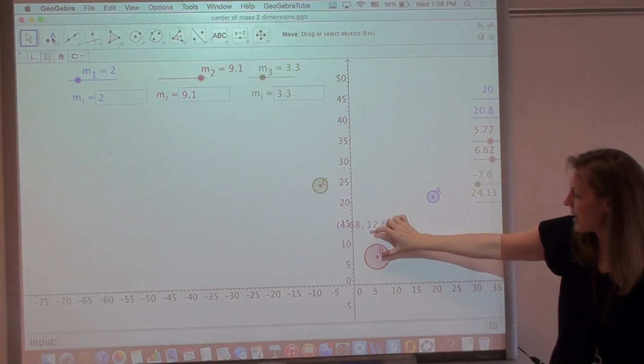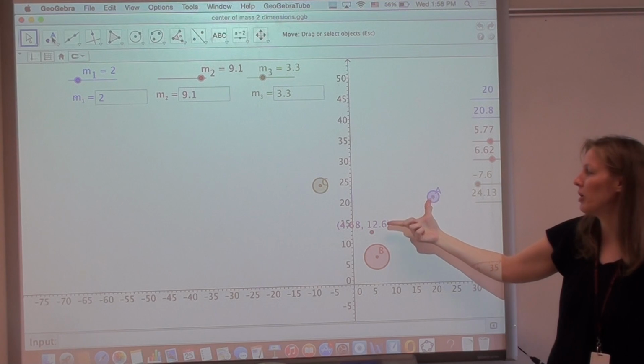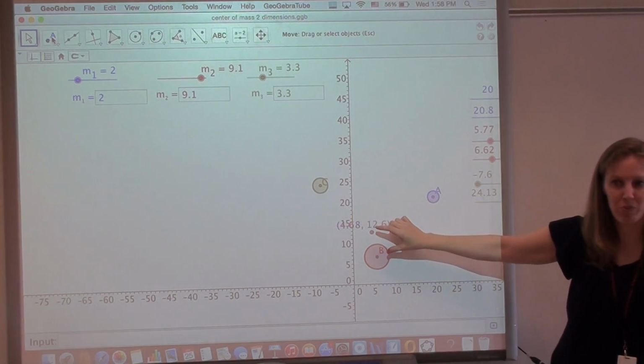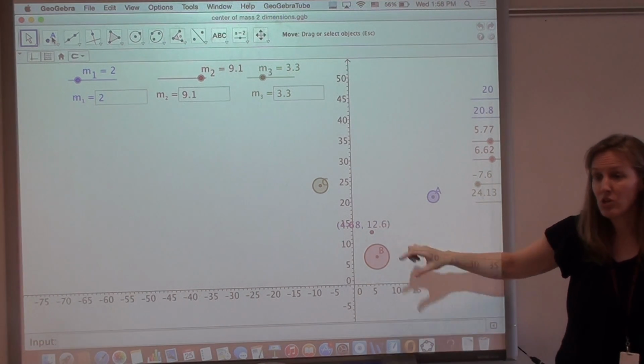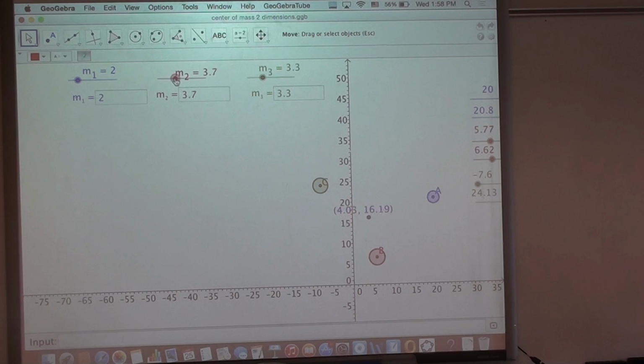Remember, it's mass times distance. So when you have a smaller mass, you need a bigger distance. When you have a larger mass, you need a smaller distance. If I make this one smaller, my center of mass would go further away.